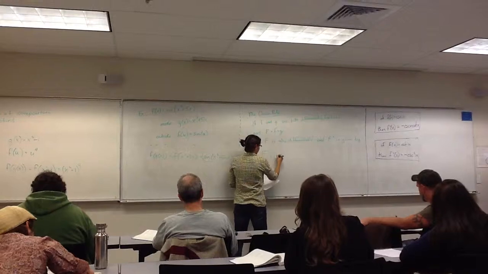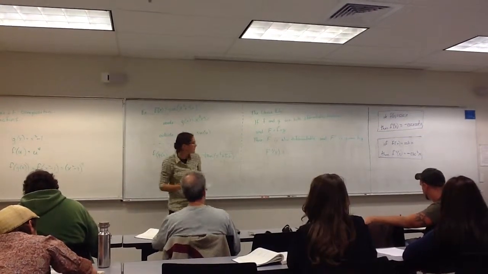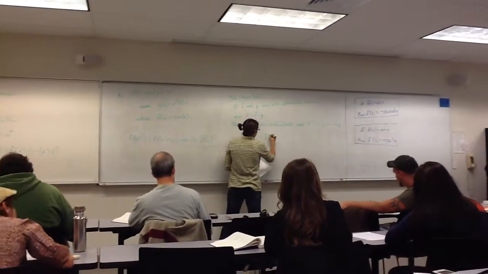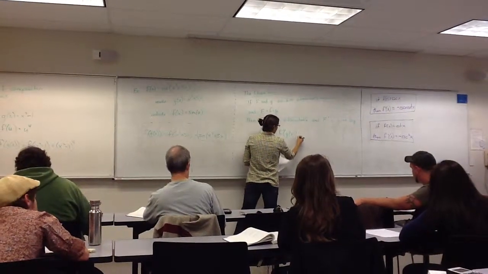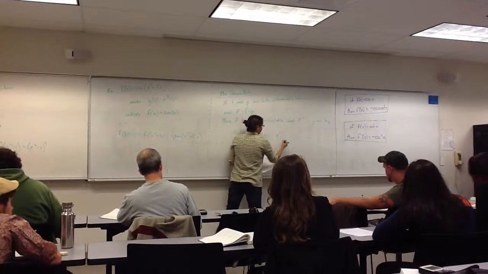Capital F prime of x is equal to, and pay close attention to the notation here, little f prime of g of x times g prime of x.